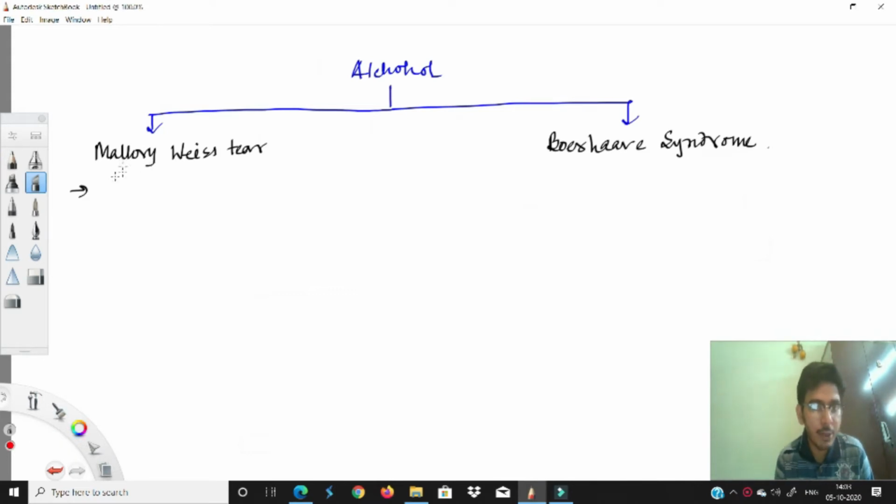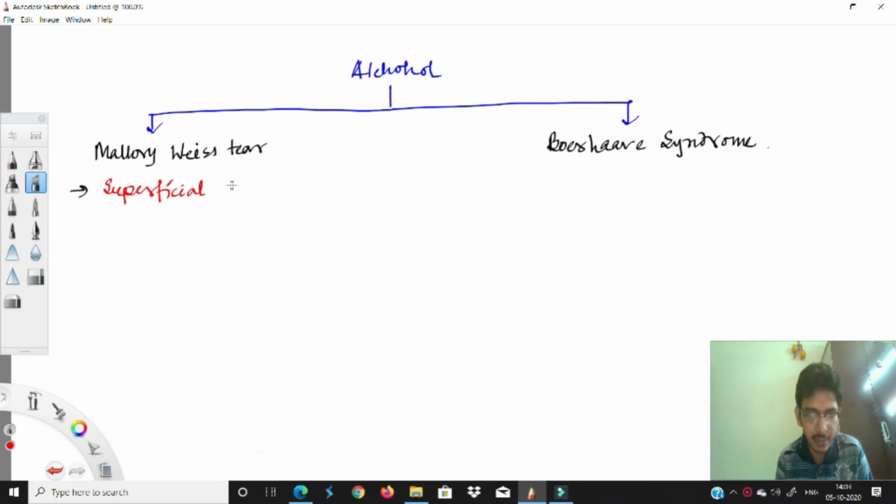In case of Mallory-Weiss syndrome or Mallory-Weiss tear, the superficial part of the esophagus at the lower esophageal part is involved.